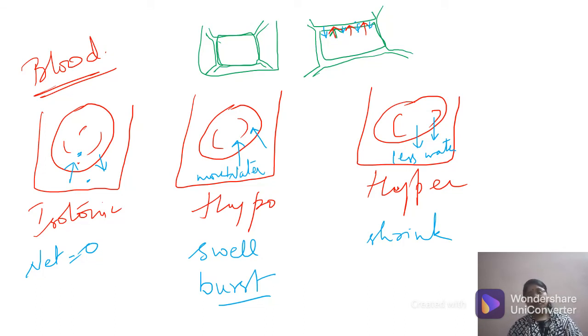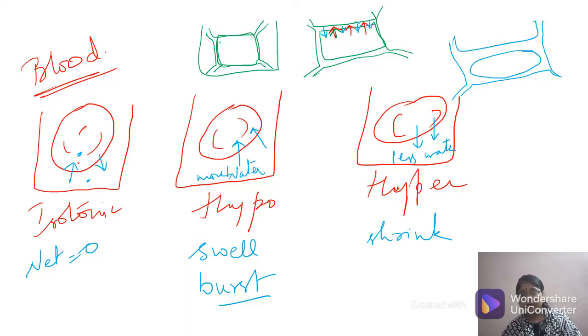And if I keep the cell under hypertonic solution, then what is going to happen to the plant cell? It will shrink, and you can clearly see it under the microscope.